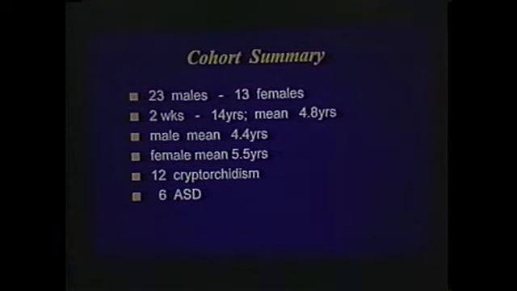The mean age of the male population was 4.5, that of the female slightly higher. Both of them, however, were necropsied at the prime of their life. Out of these 23 males, half of them had evidence of either unilateral or bilateral cryptorchidism, and 6 animals had evidence of an atrial septal defect at the site of the foramen secundum.